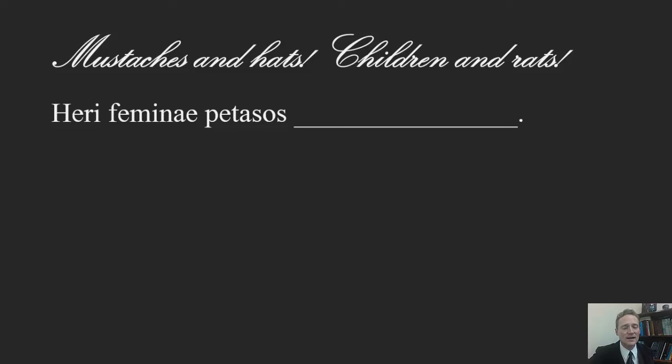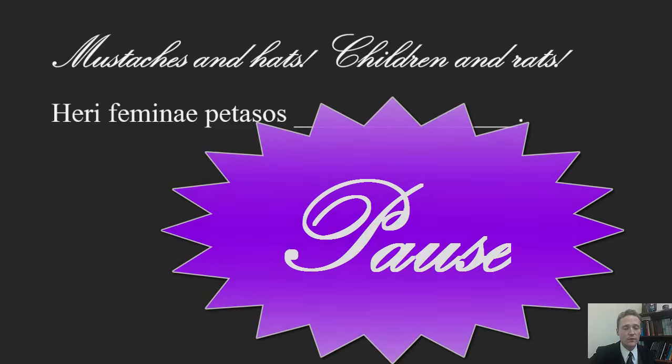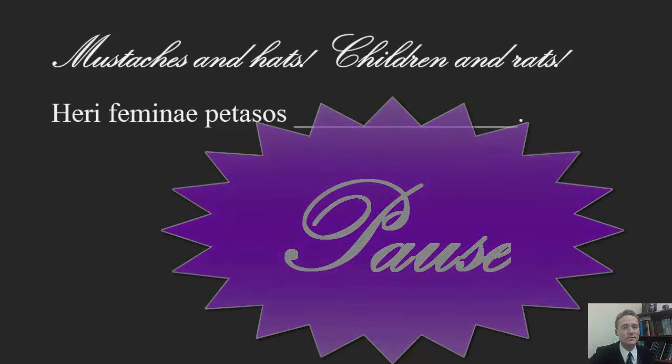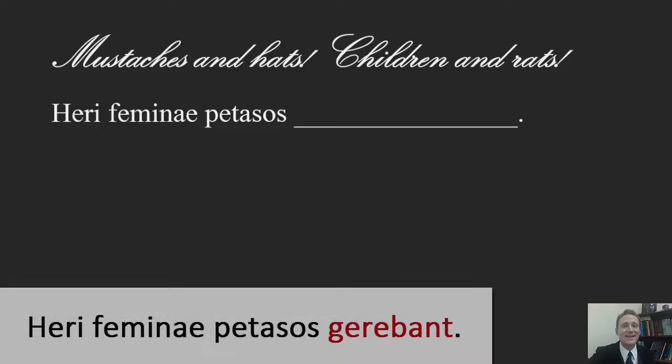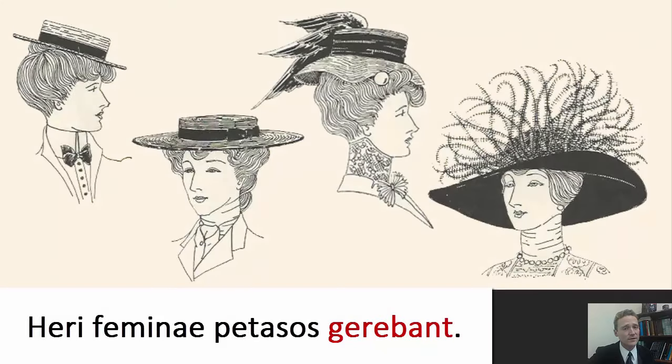Heri, feminae, petassos. Now we just need our verb. Pause the video and put in the correct form of gero. Resume the video when you have written it down on your paper. Did you write gerebant? If you did, that's correct.